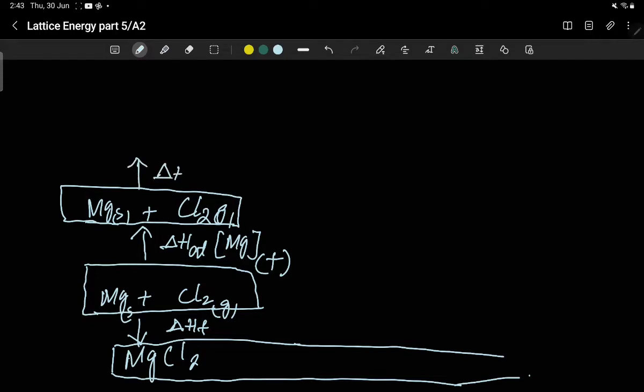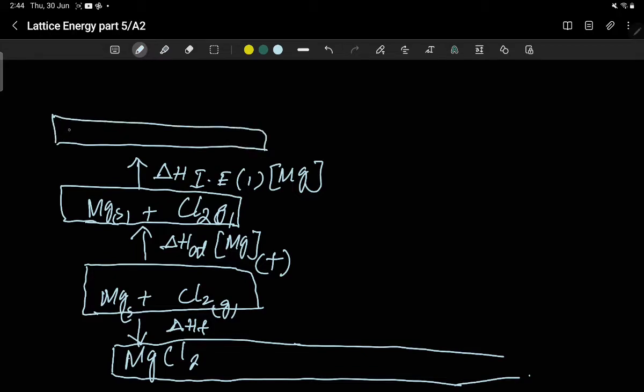Delta H ionization energy 1 of magnesium. Changes into magnesium plus 1 gaseous and chlorine gaseous.